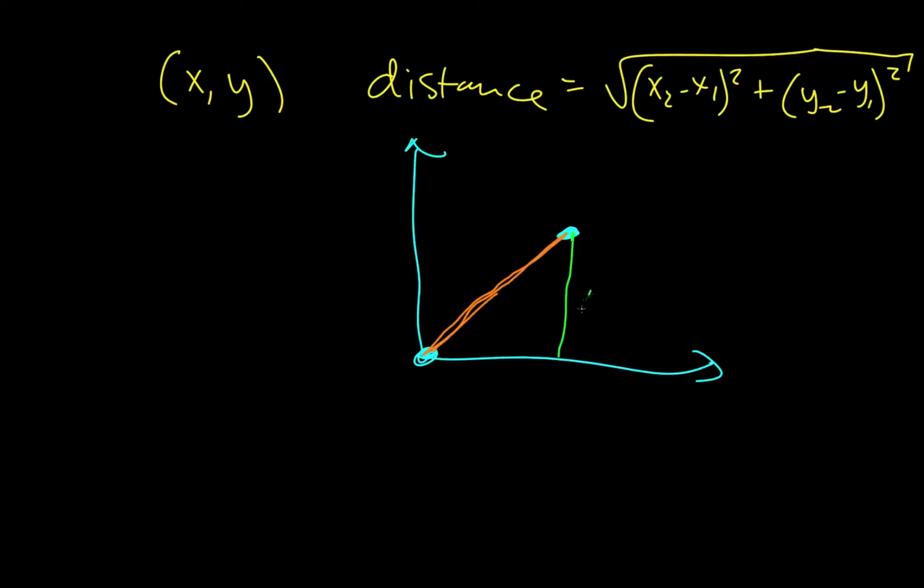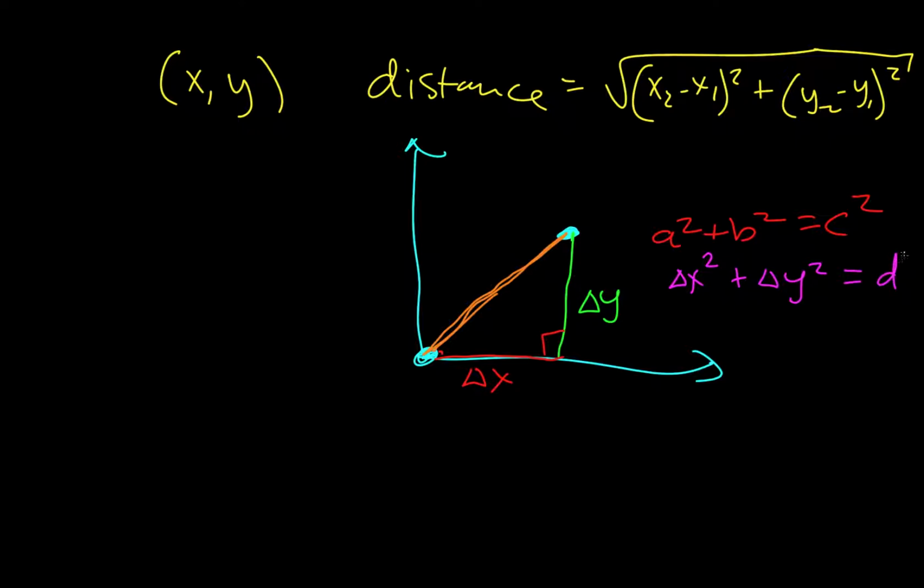We're also going to have a change in y, and we're also going to have a change in x. So that makes a right triangle, and we can use a squared plus b squared equals c squared, or in this case, delta x squared plus delta y squared equals our distance squared, if we think of this as our distance.